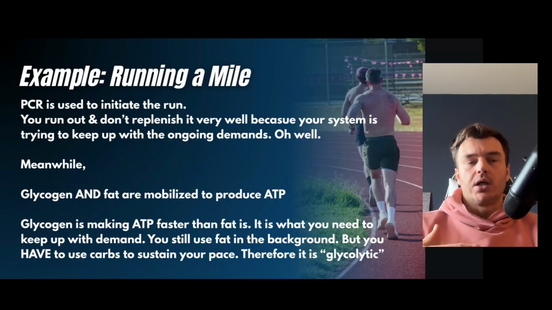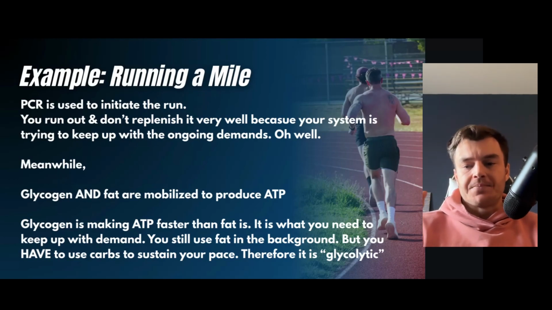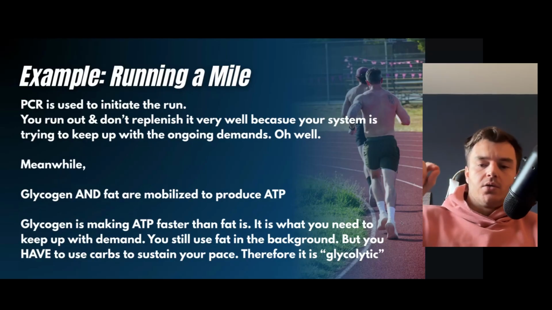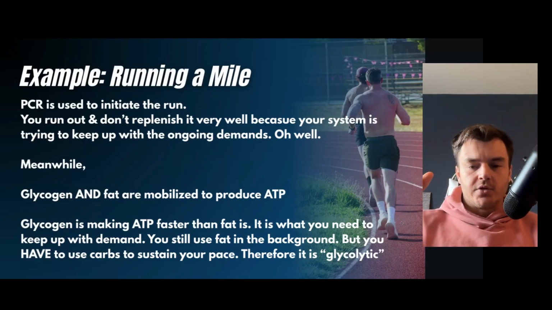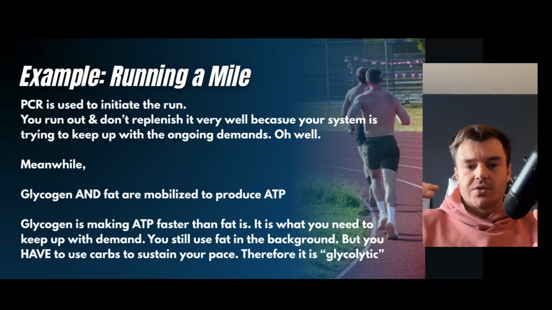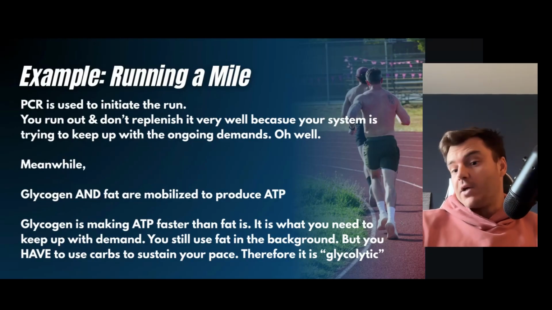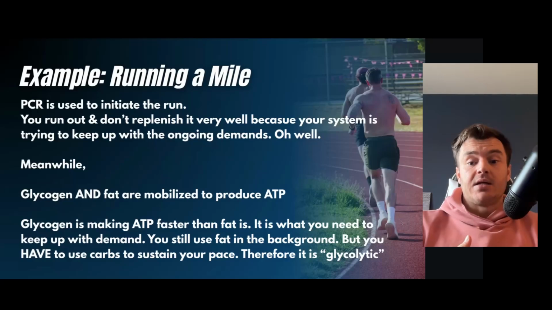So you take a couple steps, those contractions happen, and your body's like, let's just use the phosphocreatine really quick to replenish, make sure that they're good to go. And as that's happening, you're also mobilizing glycogen from the liver so that you have some backup fuel stores in case you're not done after the couple steps that you took using the phosphocreatine system. And at the same time, you'll be mobilizing fat stores as well.